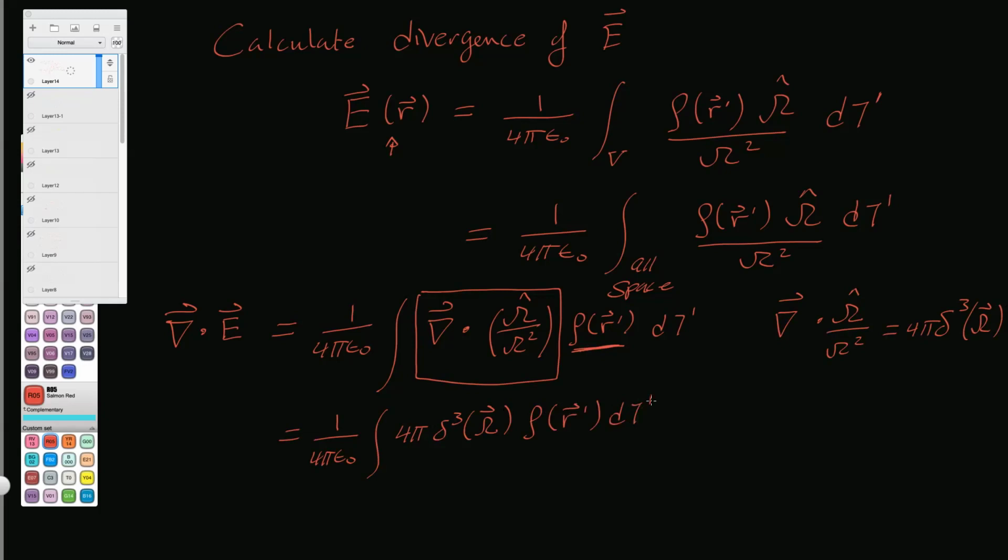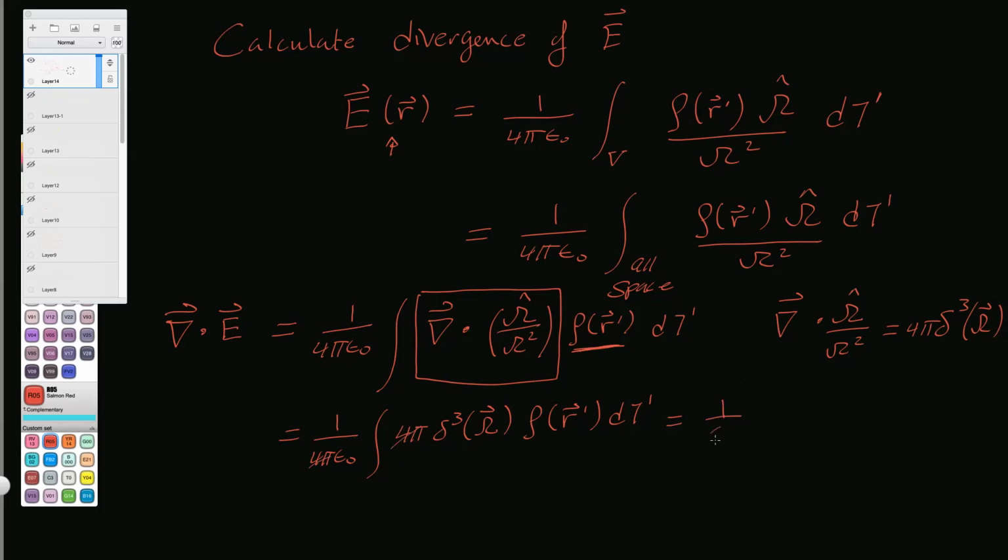Okay. I said this integral was over all space, right? So this should be pretty easy to write down. And instead of omega, I'm going to write it as r minus r prime, right? Because that's what omega is. All right. So I'll write it one more time. I'll bring the 4 pi's out. We'll cancel those guys.